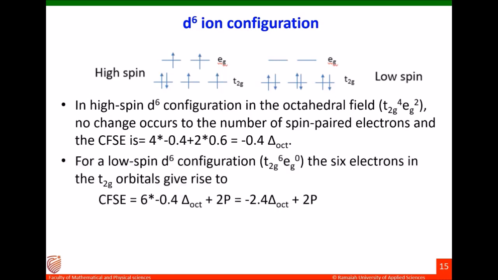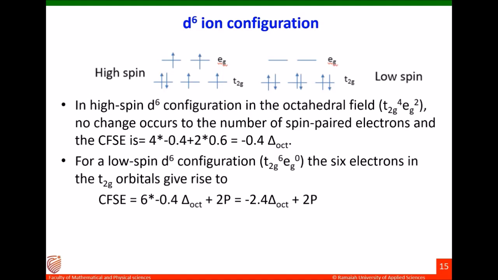For a low spin d6 configuration, the 6 electrons will be in the t2g orbitals, giving rise to CFSE of 6 into minus 0.4 delta octahedral plus, here how many pairings are happening? 2 pairings. So 2P also will be added to the crystal field stabilization energy. So the value will be 6 into minus 0.4 delta octahedral plus 2P.